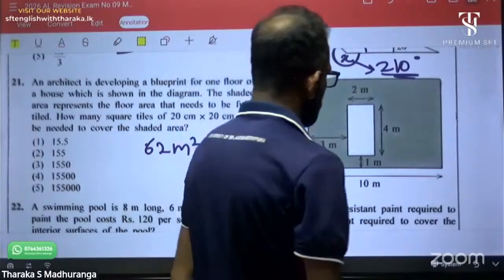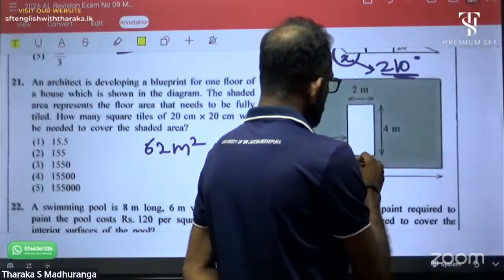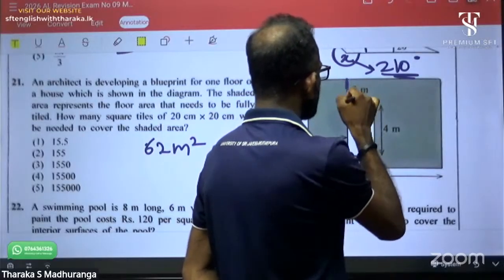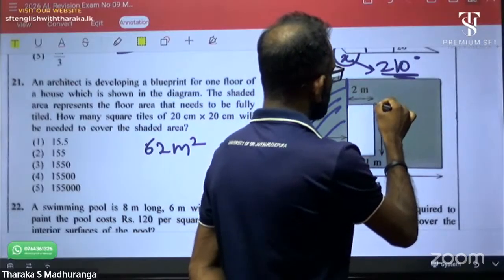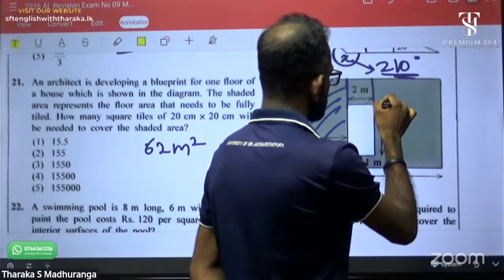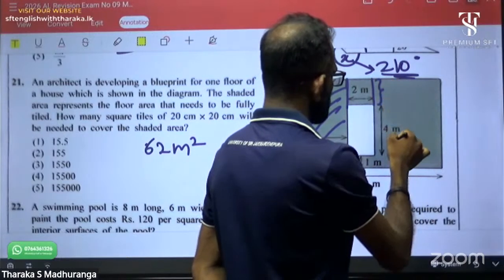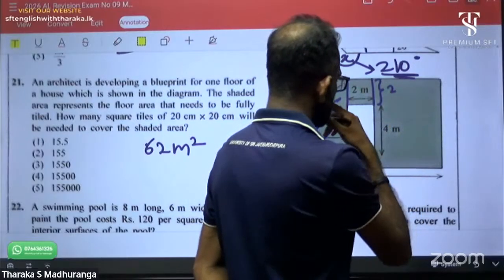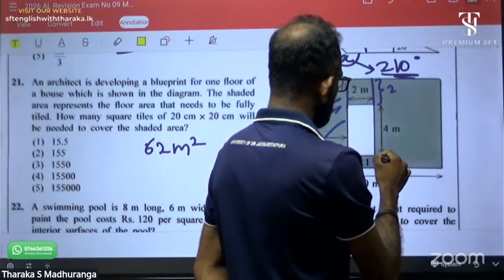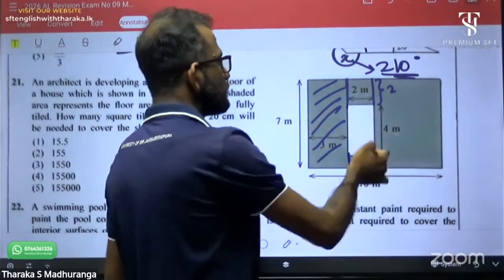Yeah, better to do it this way. We can divide this floor area like this, and this part is 2. Like this. Now we have only 4 parts. This one, this one, and this one.